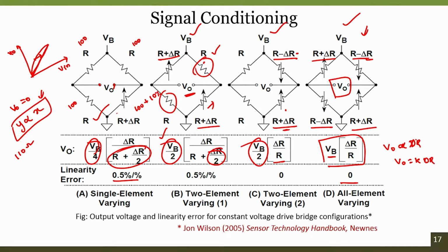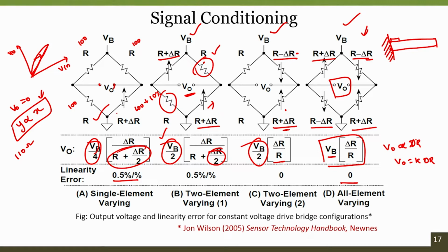So when you use a load cell, they use strain gauges: 2 strain gauges are fixed on the top and 2 on the bottom of a cantilever. Imagine this is a cantilever structure, and you want to see the application of all element varying bridges.